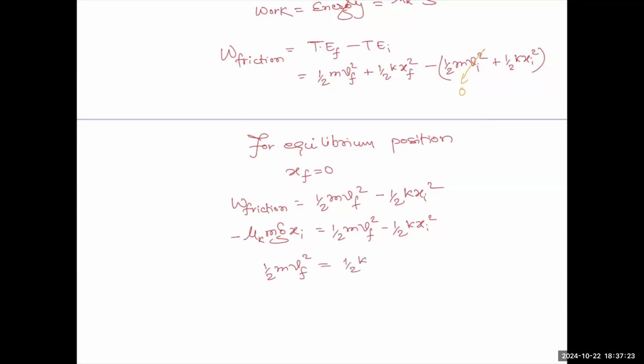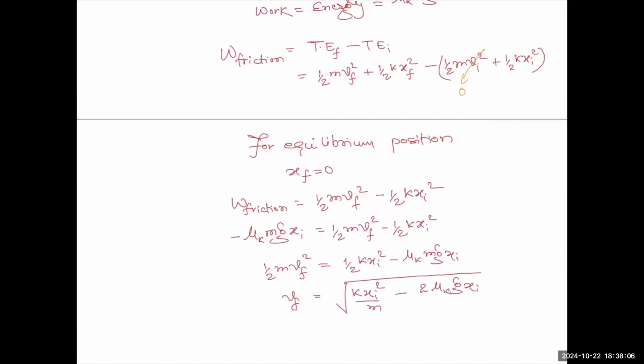So vf squared equals k xi squared divided by m, minus 2 mu k g xi, where m cancels out, and then everything under a square root.